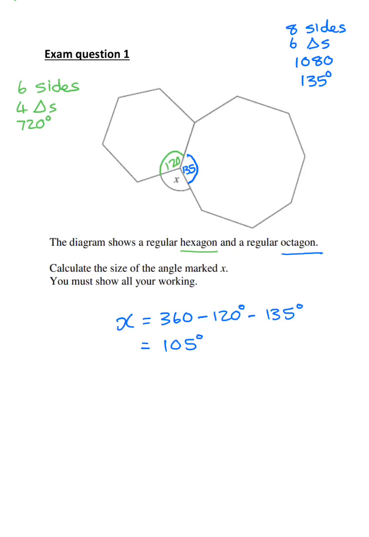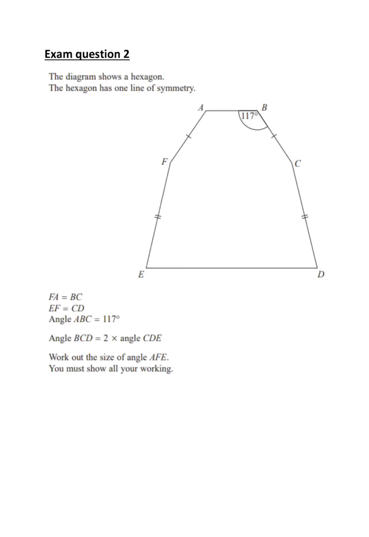Okay, so have a look at the next question, which is also from an exam paper. Pause the video, have a go, and play it afterwards, and see if you've got the same answer. Okay, so looking at what you've been told in this question, angle BCD is twice angle CDE.